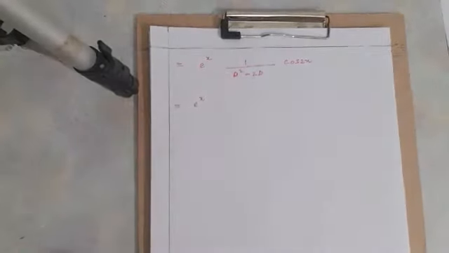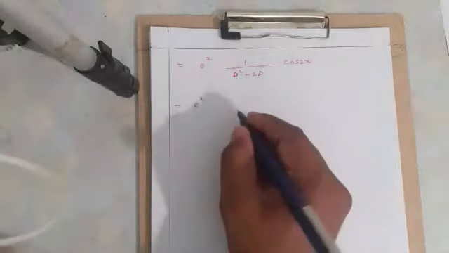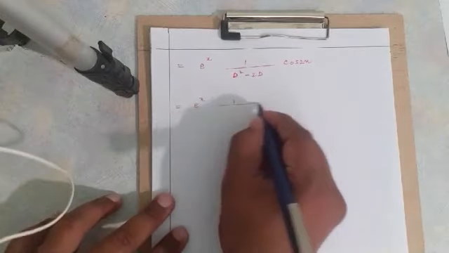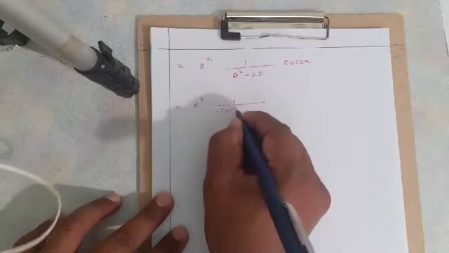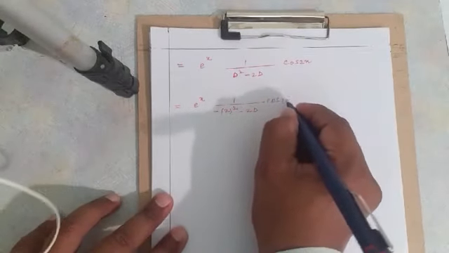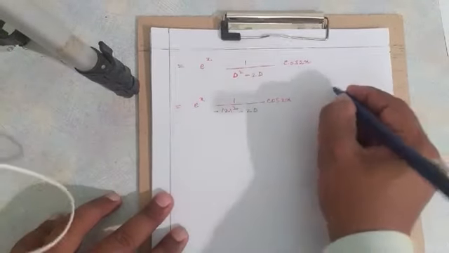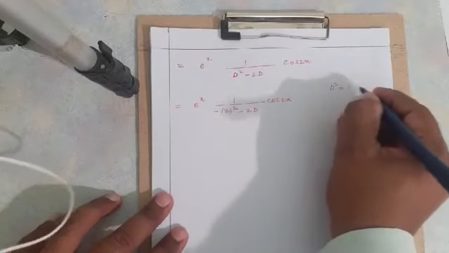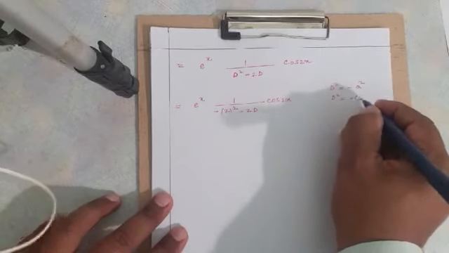In case 2 we write D square is equal to minus a square, as you all know. So here, in the place of D square, I can write minus 2 square, minus 2D, into cos 2x. You can see this is 1 upon f of D square into cos bx. We are writing D square is equal to minus a square, that is D square is equal to minus 2 square.